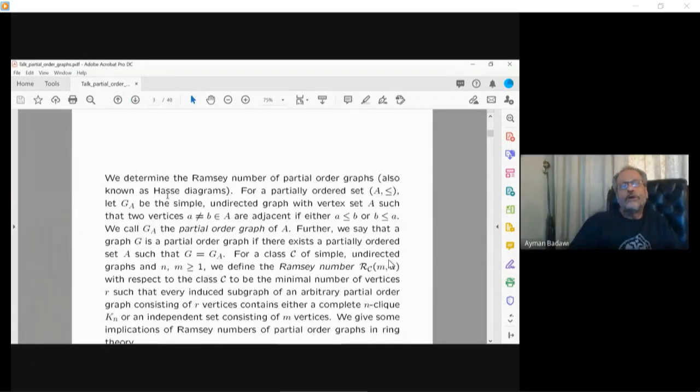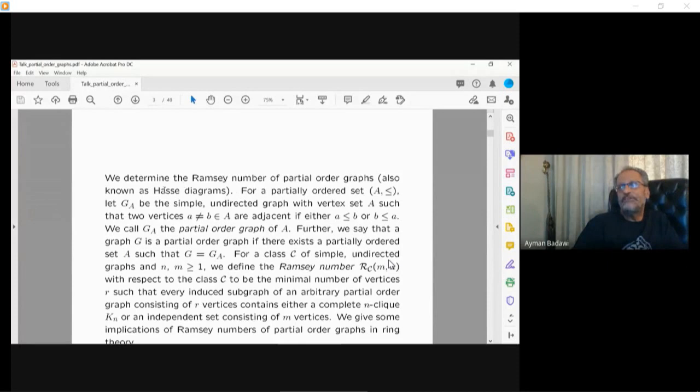Okay, so what we did in this paper, we did not consider all undirected simple graphs. We look at only the partial order graph, or another name is Hasse diagram.